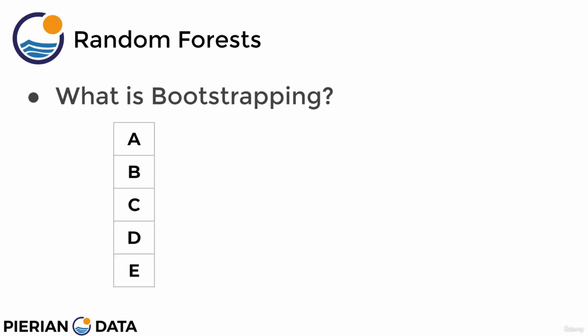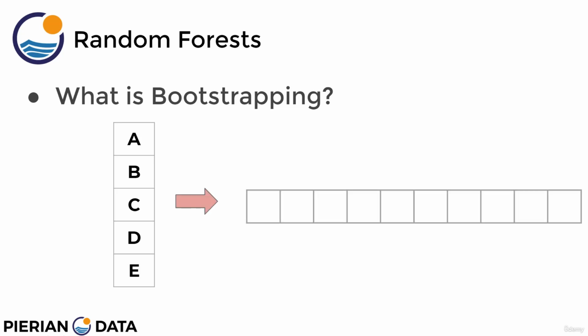Given a set of 5 letters, A, B, C, D, E, we could do a random sampling with replacement, otherwise known as bootstrapping. For example, let's bootstrap 10 chosen samples from this set of 5 letters. That means I'm going to randomly select a letter from these 5.